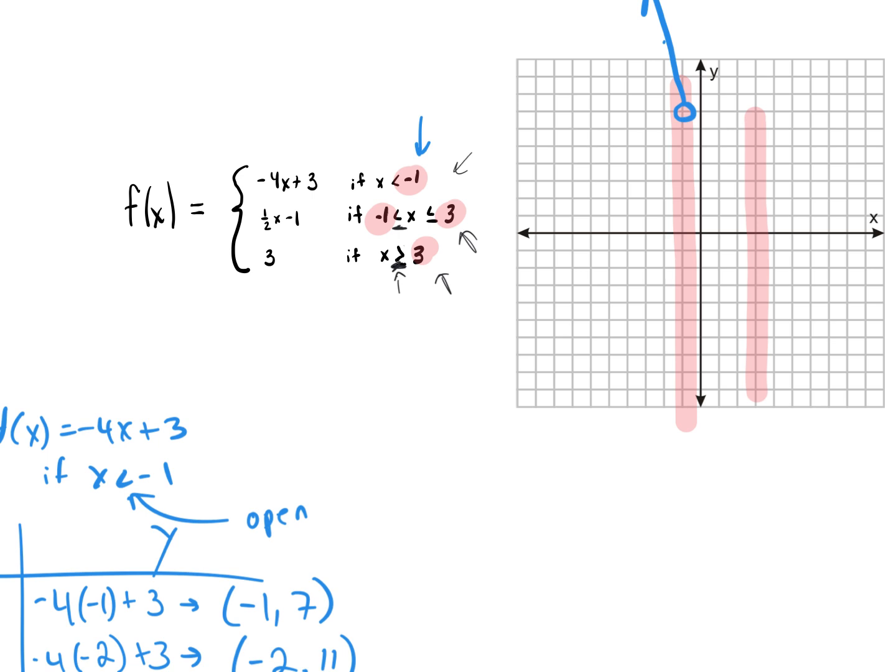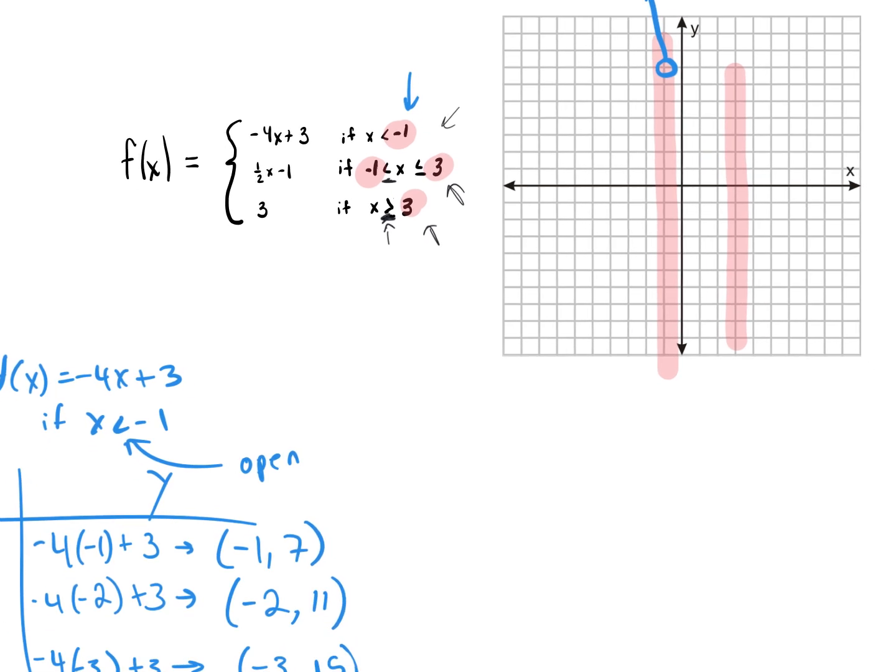Let's go ahead and do the f of x is equal to a half x minus 1. Now you can do it a few different ways. Again, it's in between the negative 1 and the positive 3.